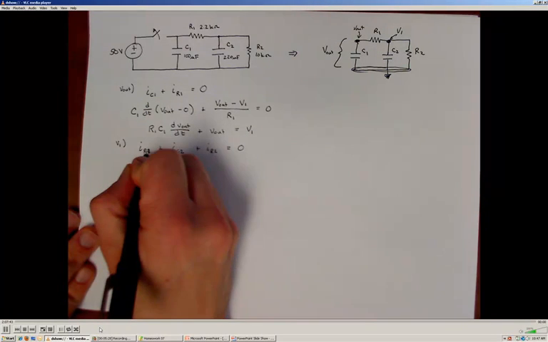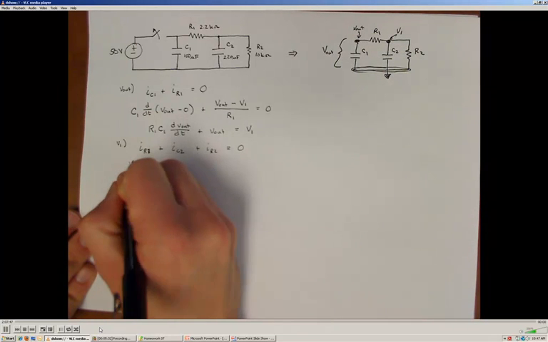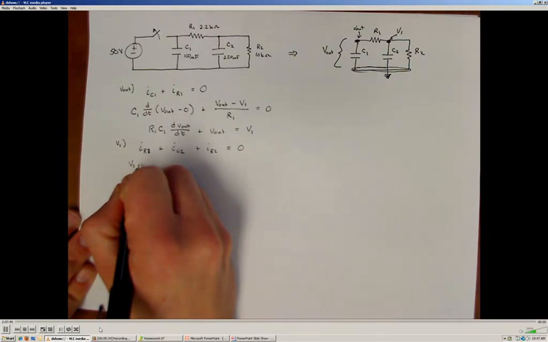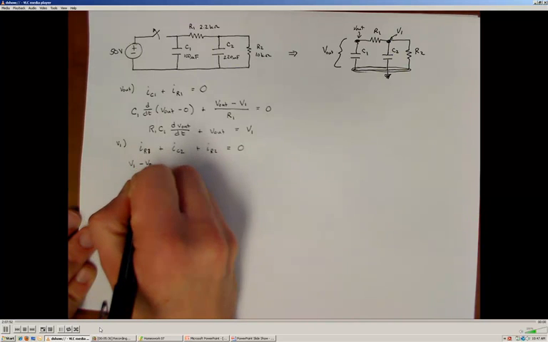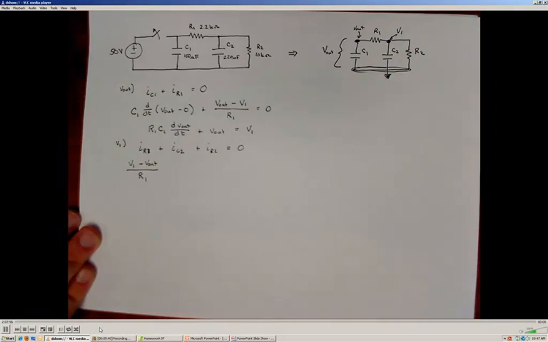For the current through R1, we're going to use, again, how we've typically done it for the node voltage method: V1 minus the V out node voltage, divided by the resistance R1.